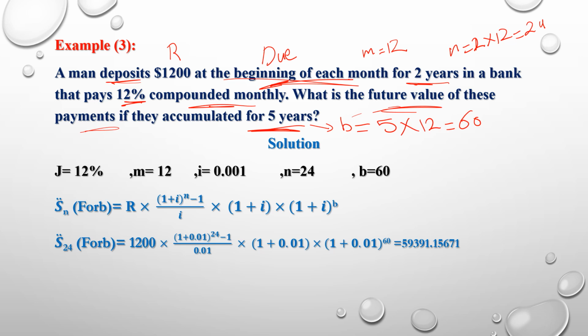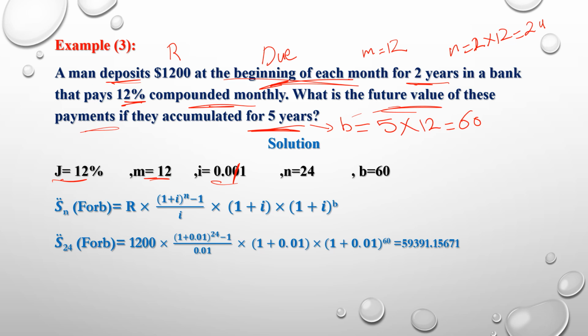So again, from this example we get J is 12%, M is 12 months, I is 12% over 12 months equals 1%. Sorry, this is 1% only, and N equals 24, B equals 60.